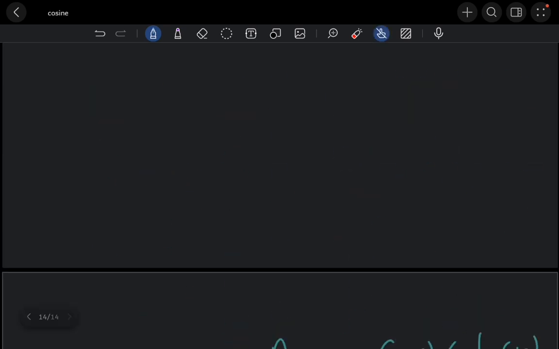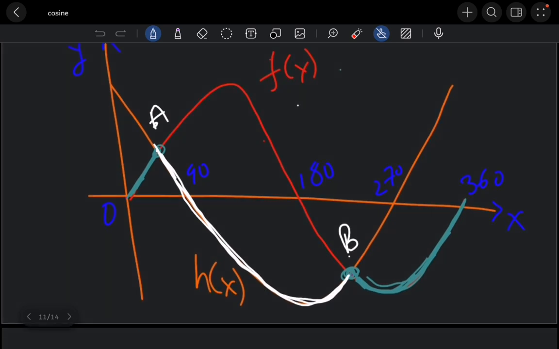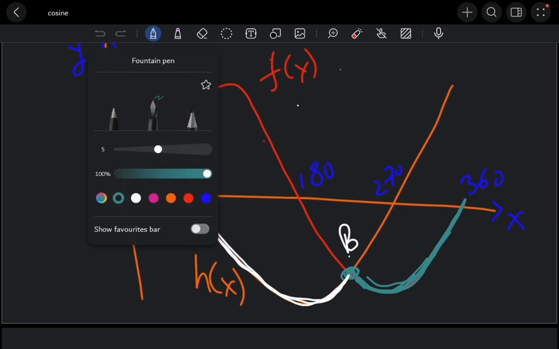Another interesting point, I think we have covered the most important part, which is that the same applies. If they ask for the points in which h of x is greater than f of x, you look for the points in which f of x is underneath. The one that is underneath is the one that we are most interested in.